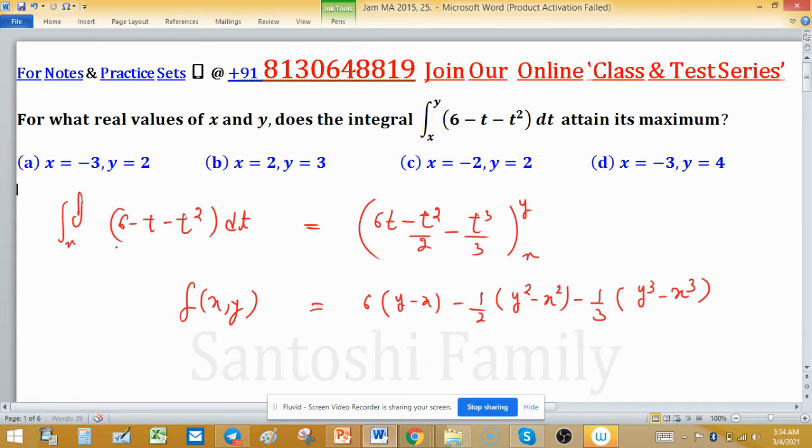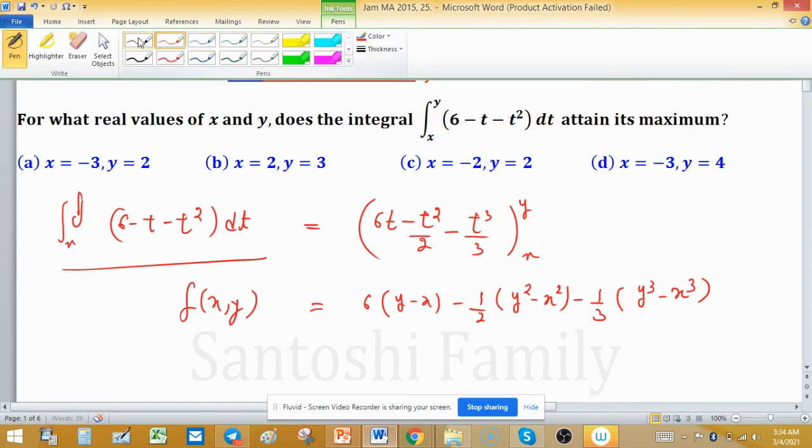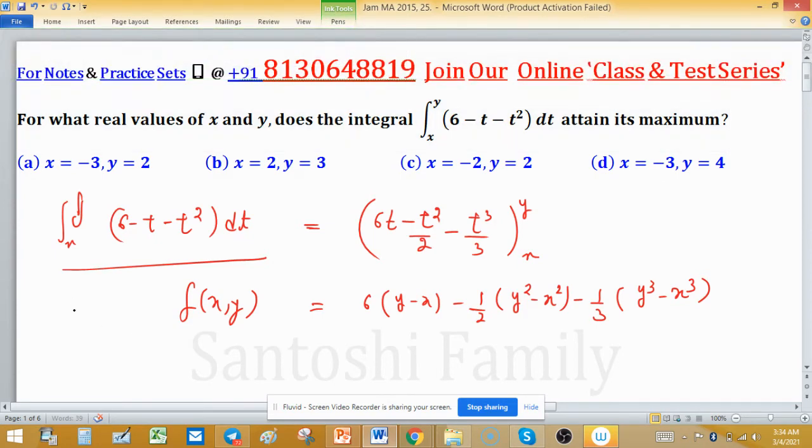For maxima and minima we normally follow the procedure of fx, fxx, fy, fyy, and f square xy, and we need to check the critical points to see which one is the point of maxima.